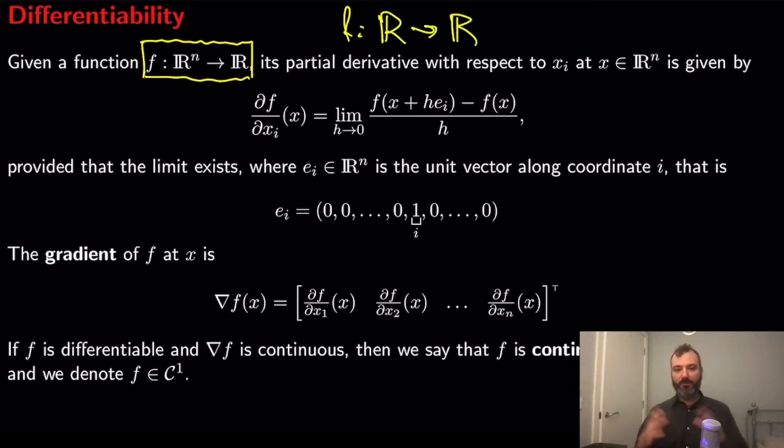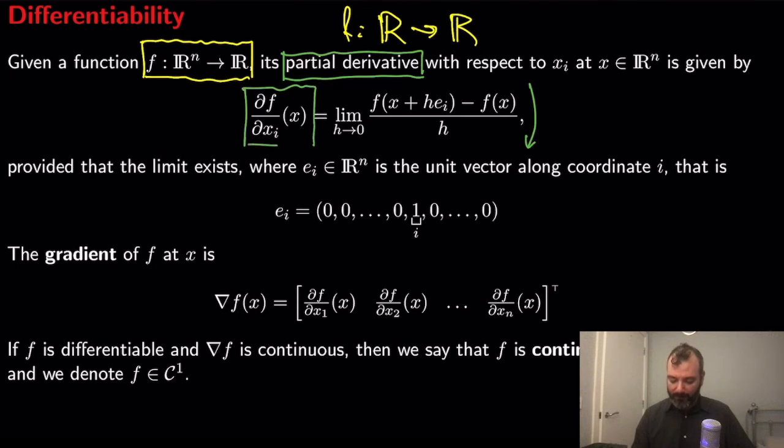We have now to generalize this definition to functions that take vectors and give numbers. The first thing we need to do is to define the partial derivative with respect to just one of the variables. I'm stating the definition here, but mainly what I'm trying to say, despite the formula here, is that this is all about a derivative with respect to one of the variables only.